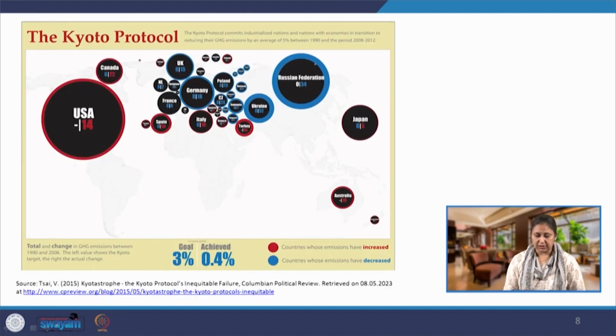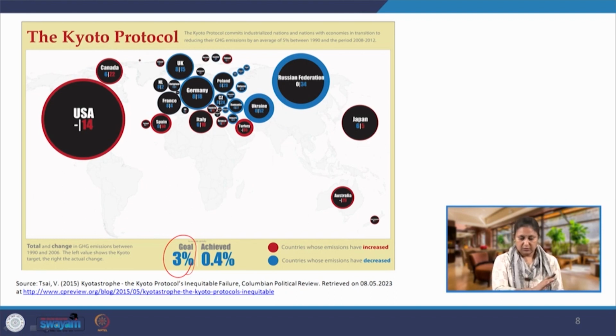Now, if we look at the Kyoto Protocol, we will see that depending upon the size of the economy and also the status of development, the countries had been provided with binding targets for reducing their emissions, which is what we have seen here, that out of the total goal which was set to 3%, it was divided between all the countries, and only 0.4% of the goal has been achieved.